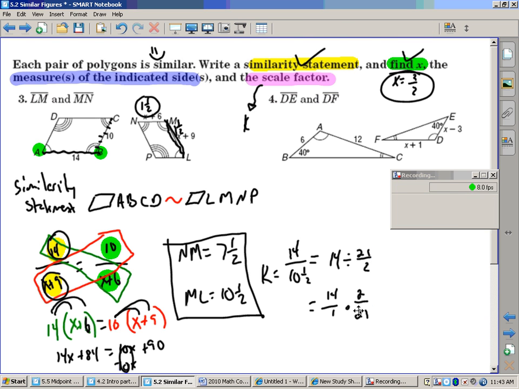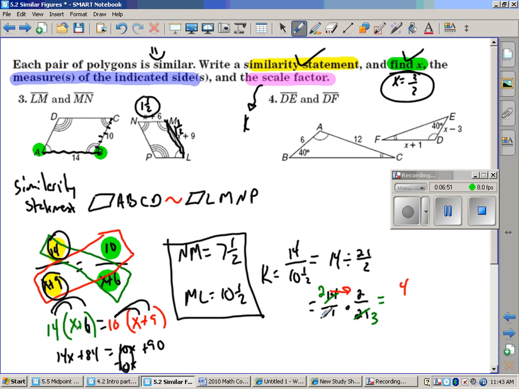I could go ahead and multiply straight across, but I'm going to cancel out the greatest common factor, which is 7. Divide by 7, I get a 2. Divide by 7, I get a 3. And now I'll multiply straight across. 2 times 2 is 4. 1 times 3 is 3.